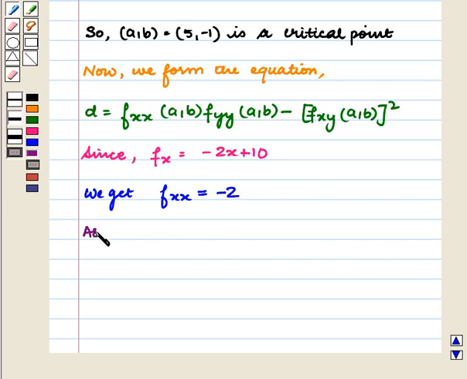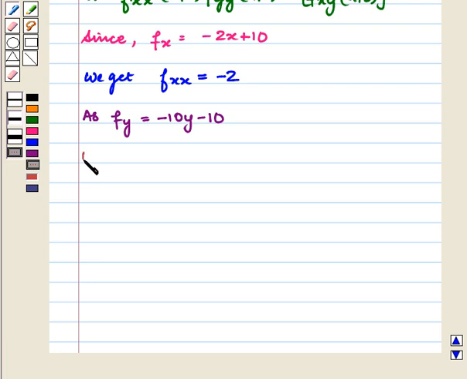Also, as f sub y is equal to minus 10y minus 10, differentiating it again partially with respect to y, treating x as constant, we get f sub double y equal to minus 10. Now, to find f sub xy, we differentiate f partially with respect to x and then with respect to y.